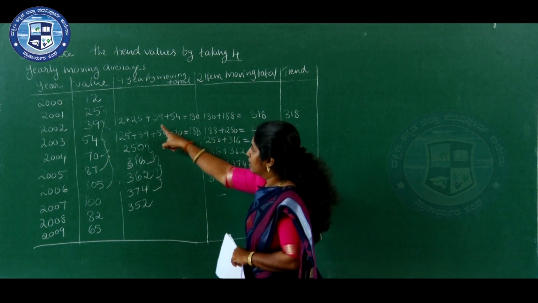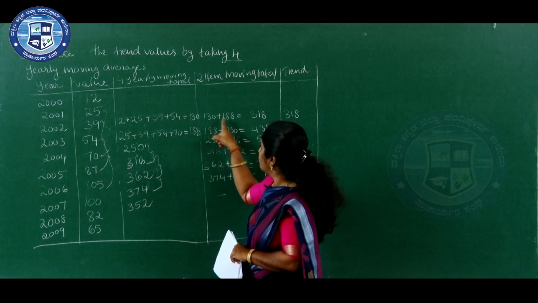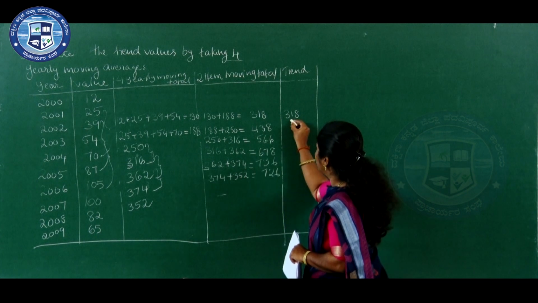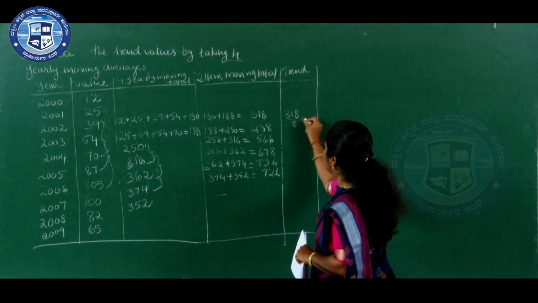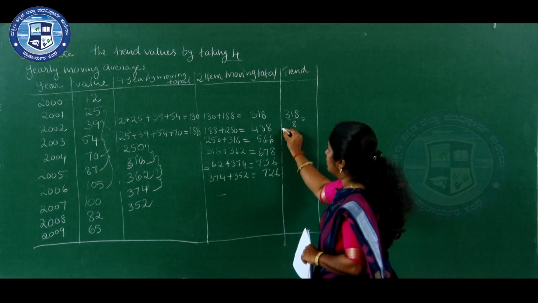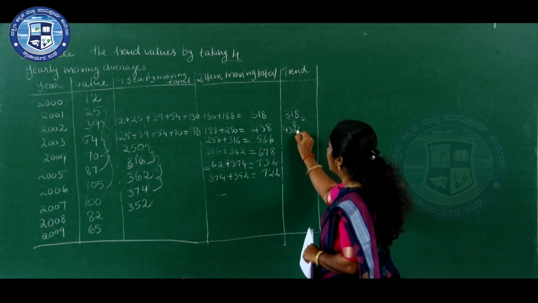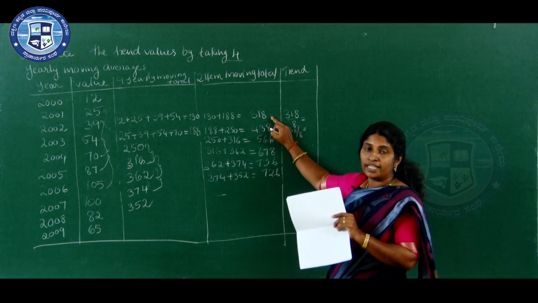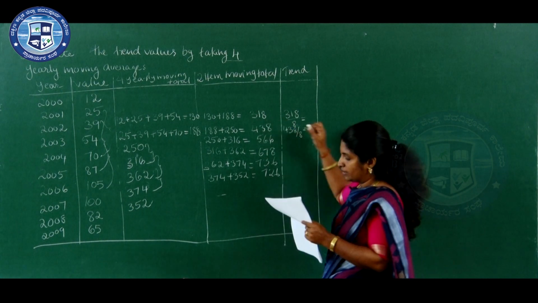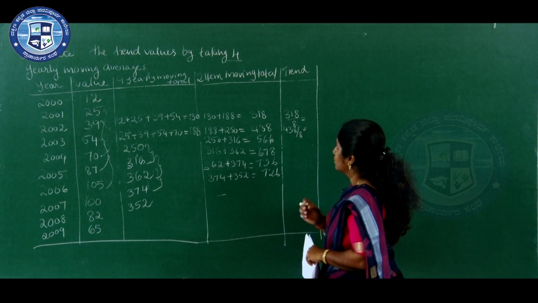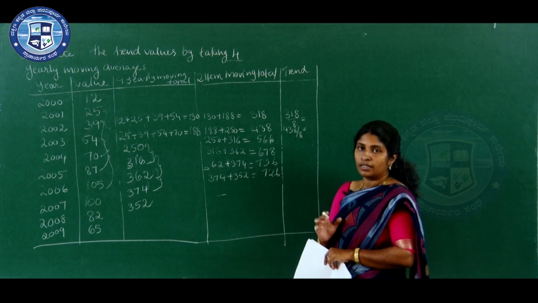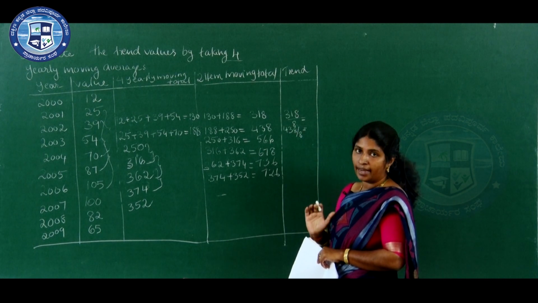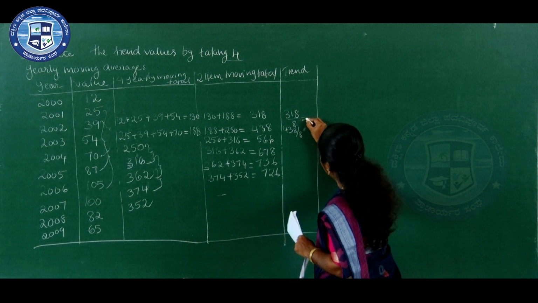For 130 we are considering 4 values, for 188 again 4 values, so 8 values, that is why we are dividing it by 8. 318 divided by 8. Next is 438 divided by 8. So you have to divide the 2-item moving total by 8.